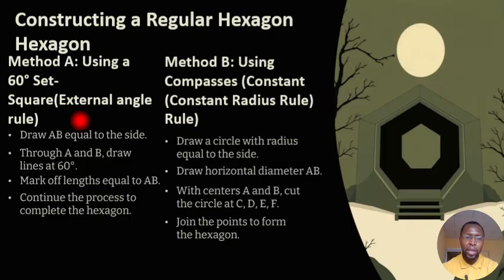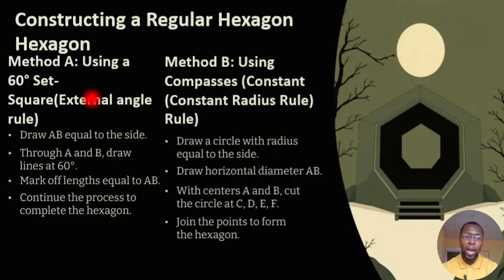But let's talk about the external angle rule. Now let's look at how to construct a hexagon. A hexagon is a polygon with 6 sides, all right? So we can either use the external angle rule, and aside from the two triangle rule that I mentioned before, you can also use the constant radius rule to construct a hexagon.